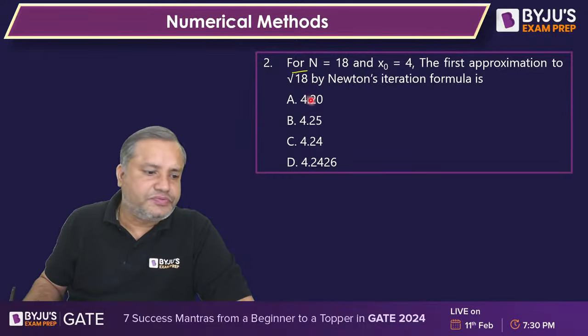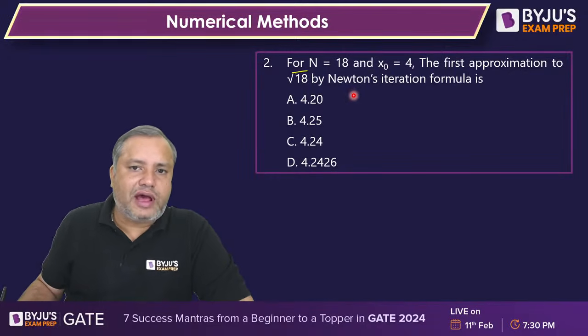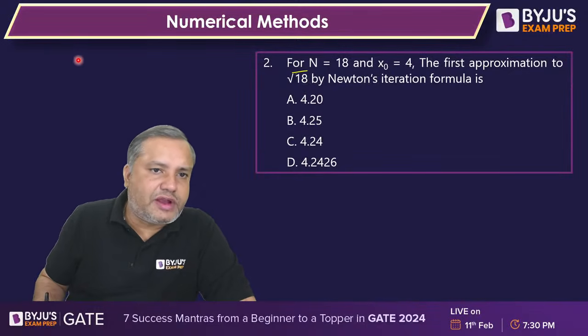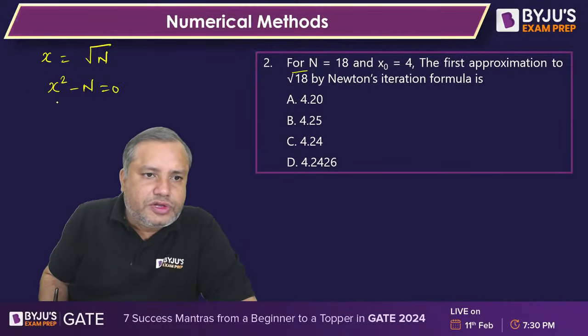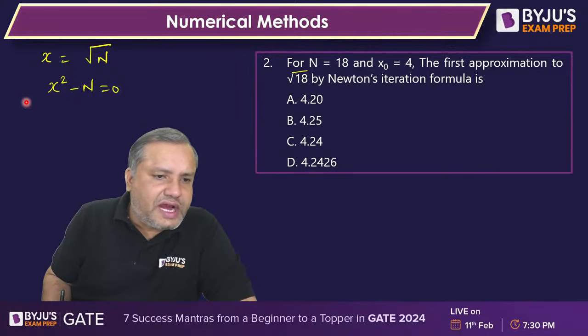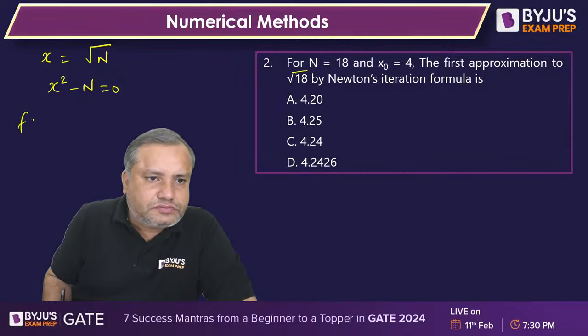So students, I will just generate a formula to calculate the square root of a natural number n. We want to calculate the square root of natural number n, so this should be our equation. Squaring both sides, you will get x square minus n equal to 0. Bring all the terms to the left hand side, you will be getting f of x.